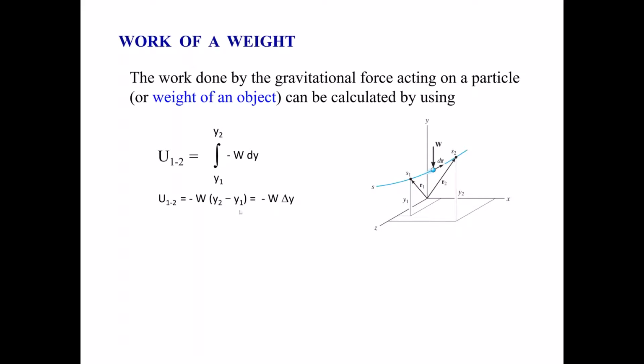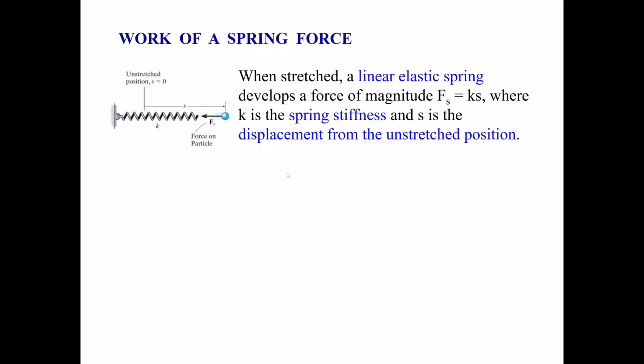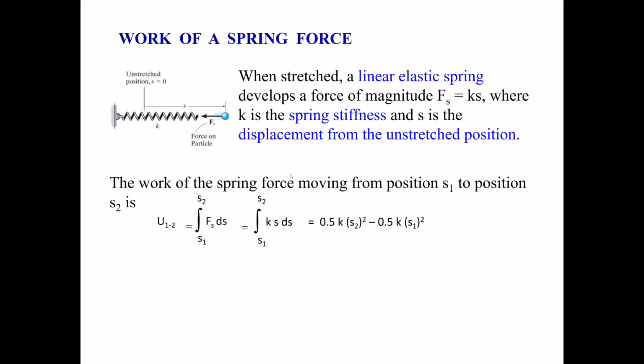It starts off at a lower position, then goes up to some other position, y2. And you're going to have a negative in this case. So if delta y is upward, then of course the work is negative, which is what we would expect. The next one is the spring.